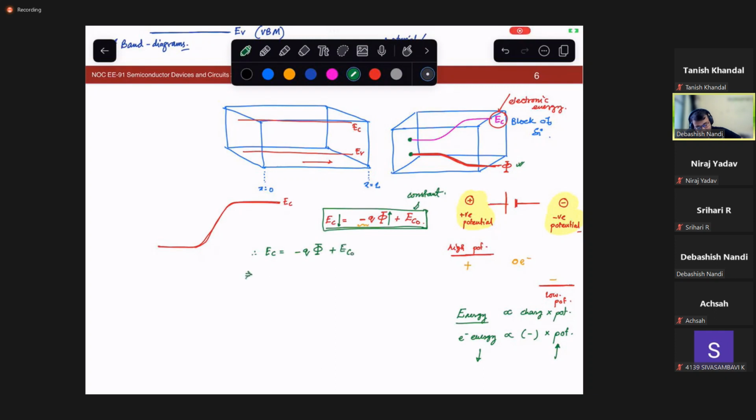Now I differentiate this: minus Q dphi/dx plus 0, because EC0 is constant. So my dEc/dx is nothing but Q times minus dphi/dx. What is minus dphi/dx? It is the negative gradient of potential, which is nothing but my electric field, right?